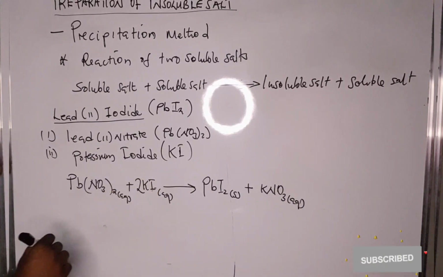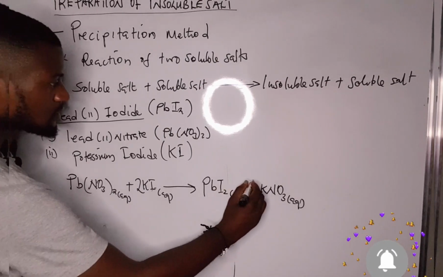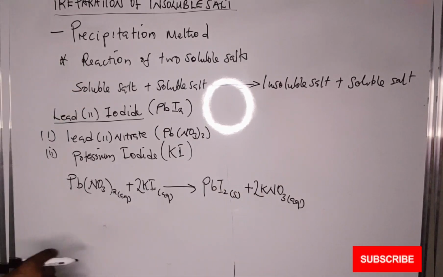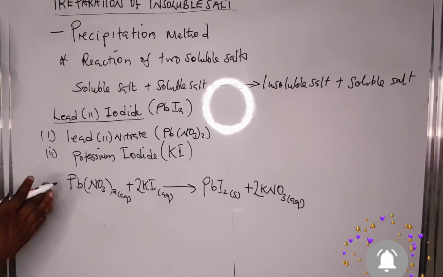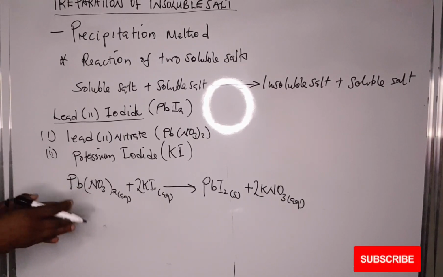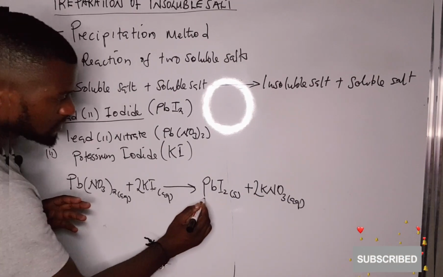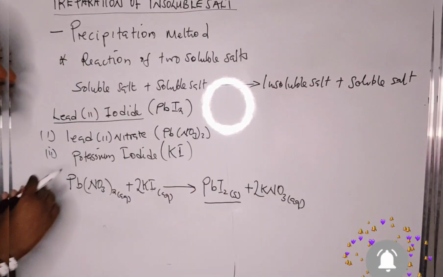So we put a 2 there and a 2 there. So our insoluble salt produced in this reaction is lead iodide.